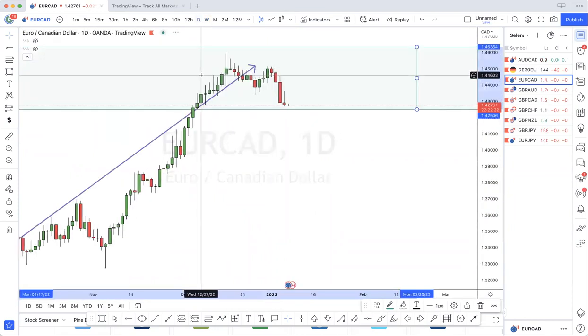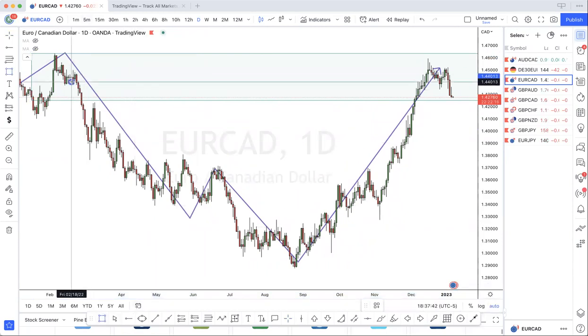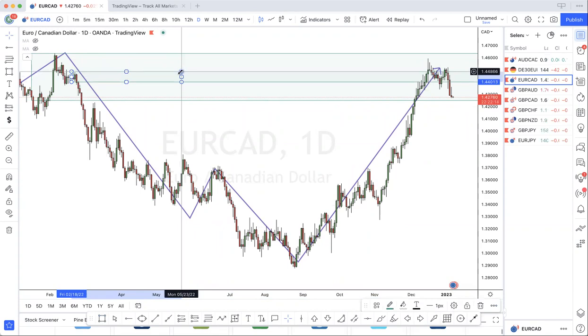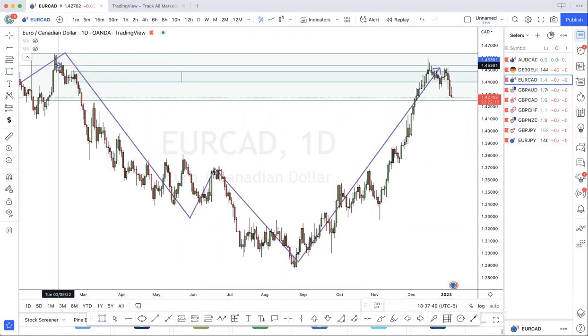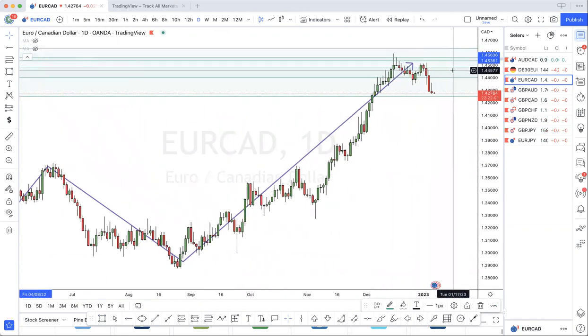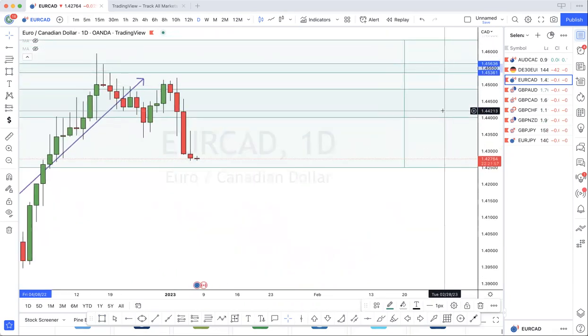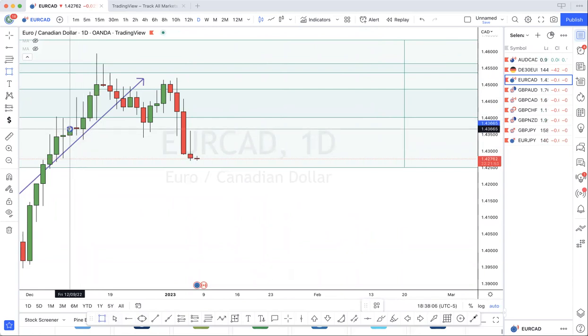If I go to the daily, there is an order block right here. There are the wicks of an order block right here. Price came and tapped into both of those and started breaking structure to the downside.